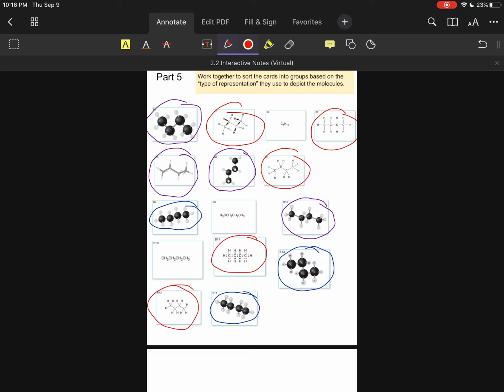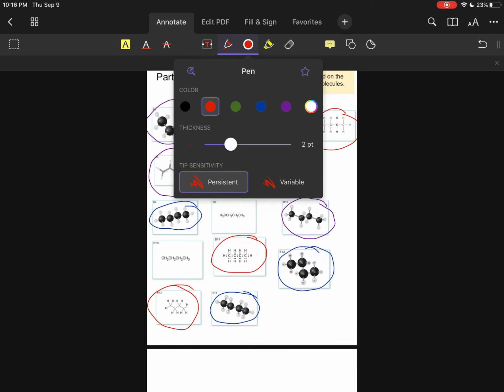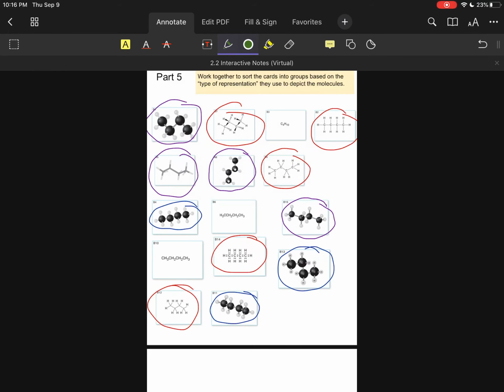I couldn't really tell that with these. I can't really see a shape. It looks like maybe that's what some of them are trying to show me, but it's hard to see because they're just letters. And then my last group were just these that listed the carbons and hydrogens out. So that's how I sorted it.